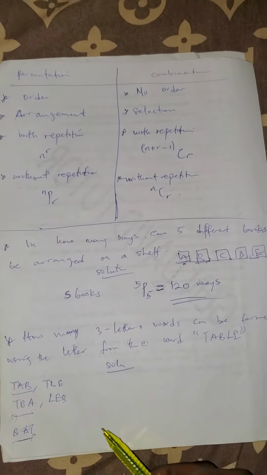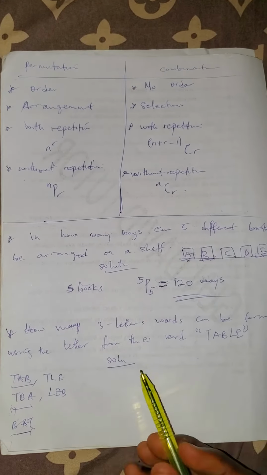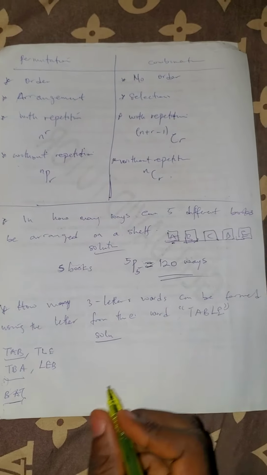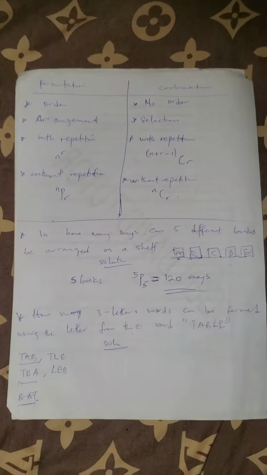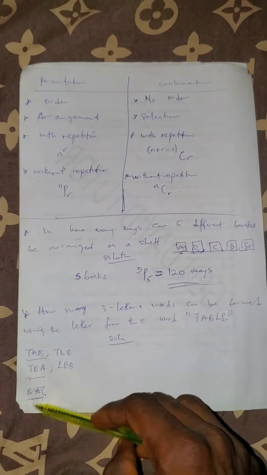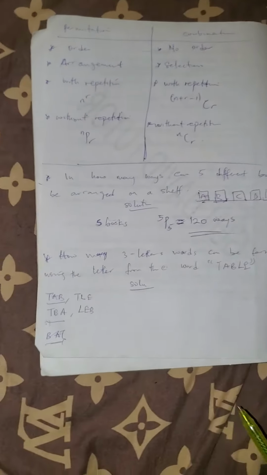So the ways of forming 3 letters from the word TABLE will be permutation, because order is concerned. Assuming the order is not concerned here, these 3 would be the same thing, so it would be one combination. But we need permutation here.